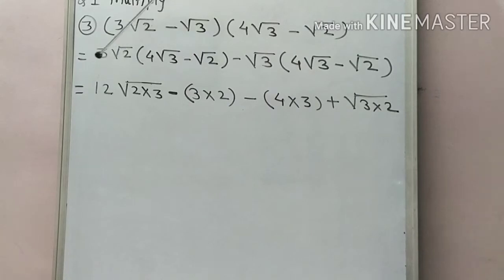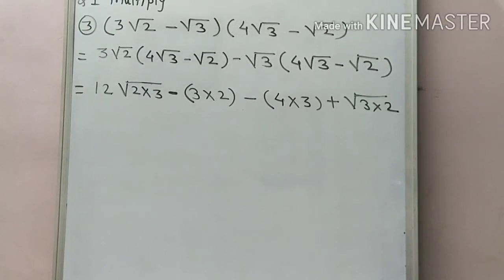Then 3 root 2 with root 2, here we have minus sign, and 3 into root 2 times root 2 giving 2, so 3 into 2. Again minus sign, so rational number 4 as it is, and root 3 into root 3 we get 3, so 4 into 3. For the last term, minus into minus, by the rule the product is plus, and here we multiply the radicands because the order is the same.